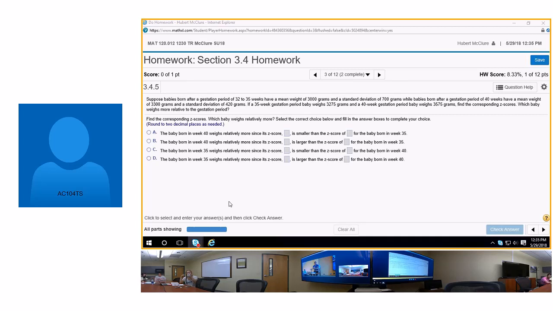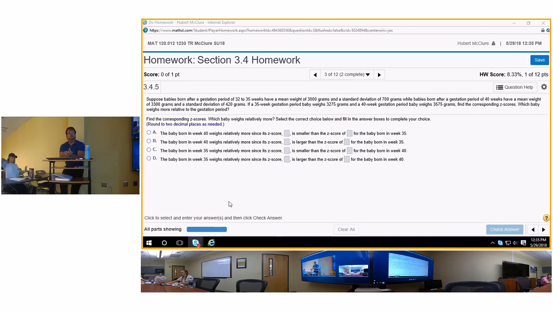And then you take another highlighter, and you highlight the standard deviation. While babies born after a gestation period of 40 weeks have a mean weight of 3,300 grams and a standard deviation of 420 grams.